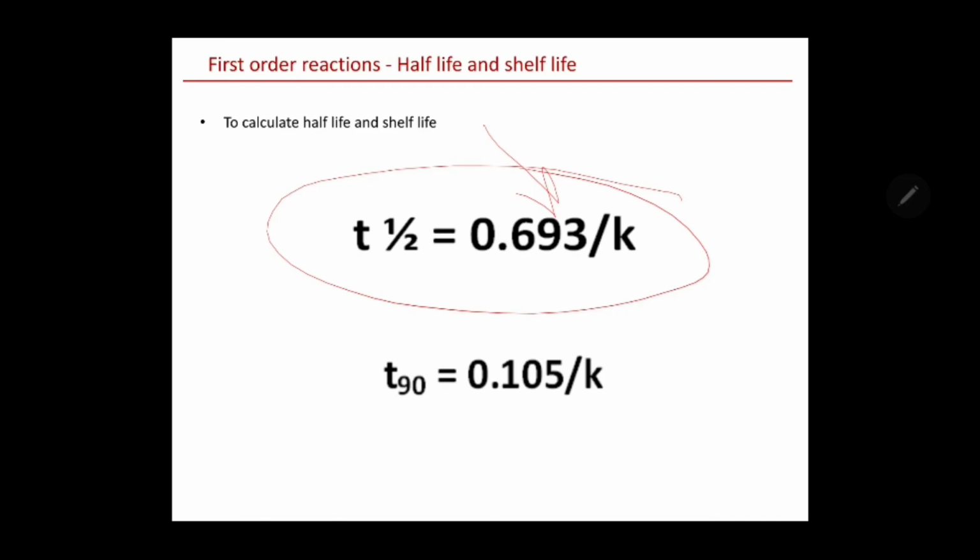So it's exactly the opposite of the rate. Rate with first order changes, but half-life does not change with time. But in zero order reactions, rate does not change, but half-life changes with the concentration of the remaining reactants.